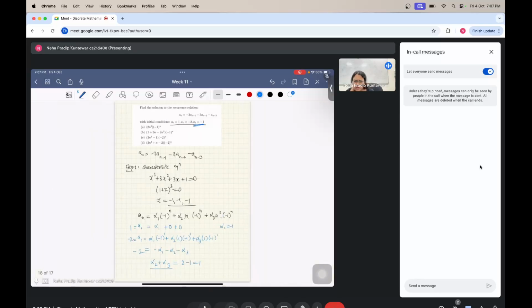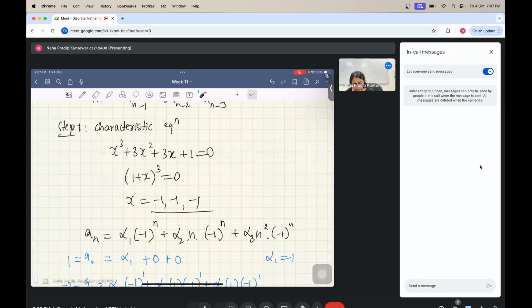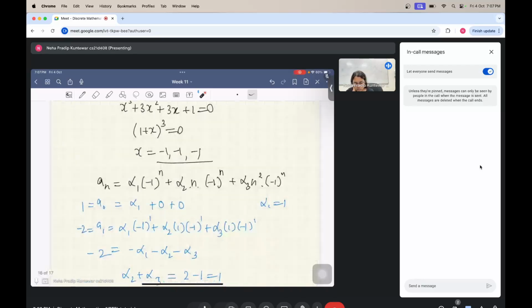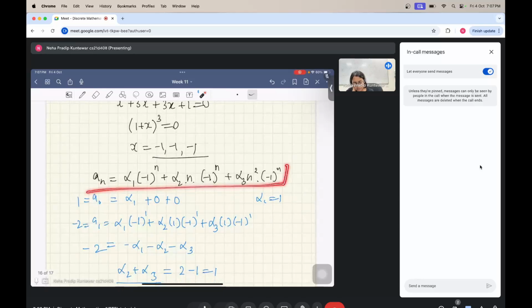So again, there was some calculation involved, but the idea is the same as what we did earlier. You have a characteristic equation, and what we did is we tried to find the roots of the cubic equation. We saw that there are repetitions, and hence you got this form.